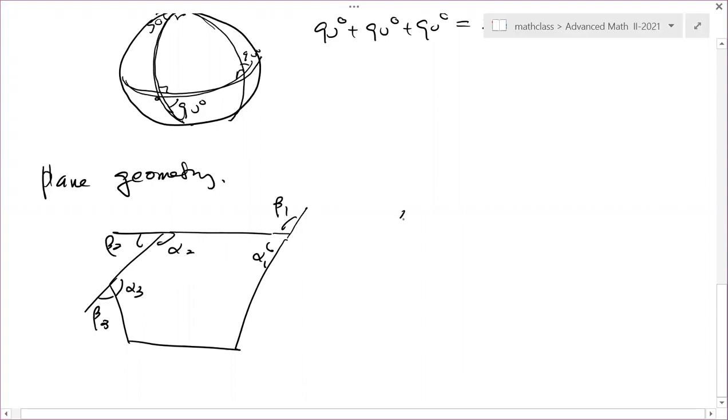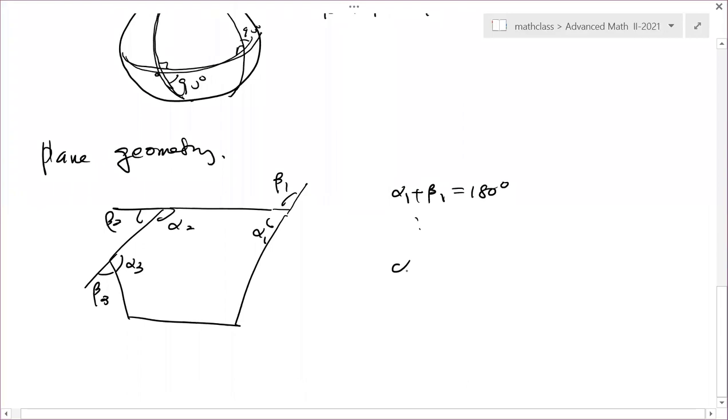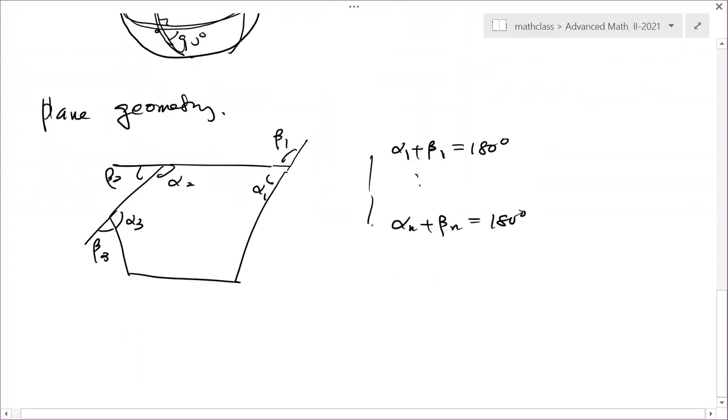The interior angle plus the exterior angle is always 180 degrees. Now you have n sides, so you add them together for an n-sided polygon.